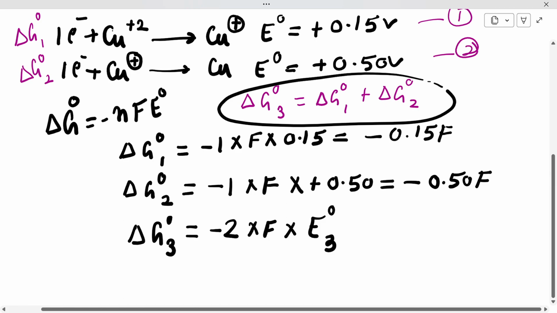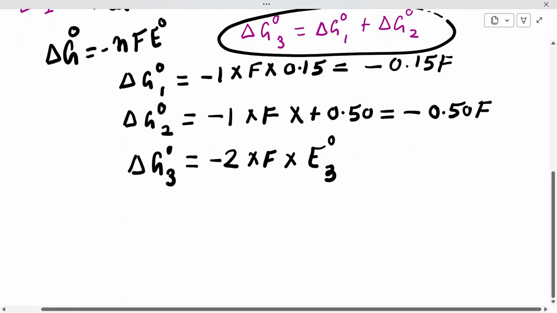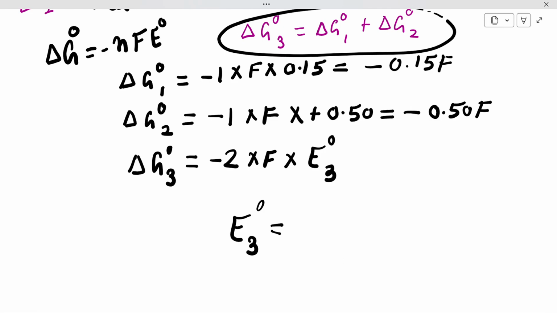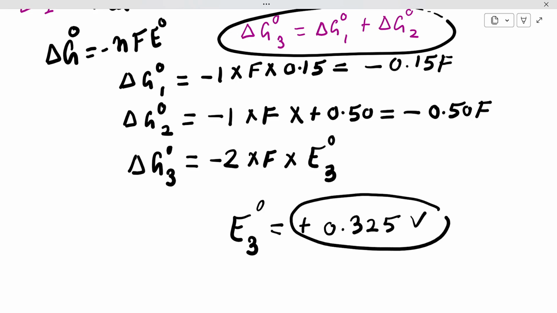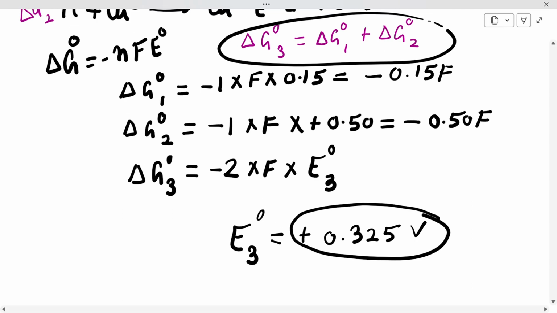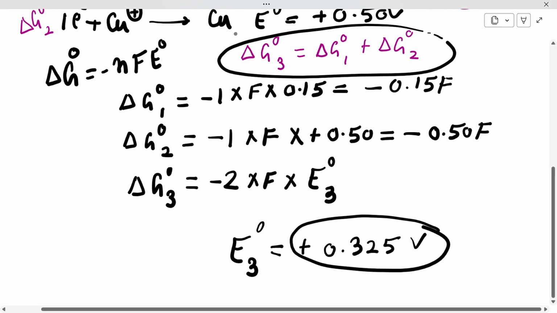E naught 3 we have to find out. If we substitute these values in this equation, then ultimately we will get E naught 3 equal to +0.325 volt.